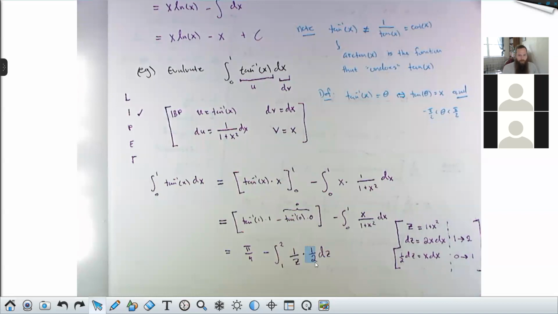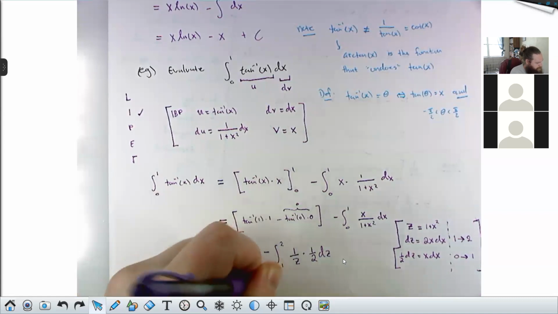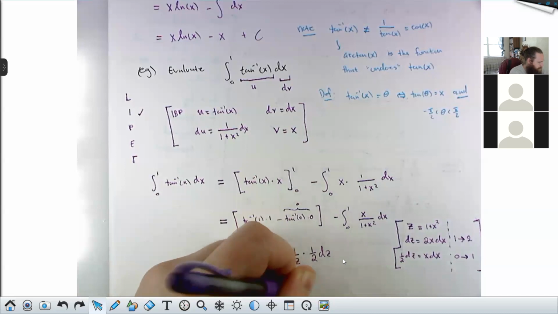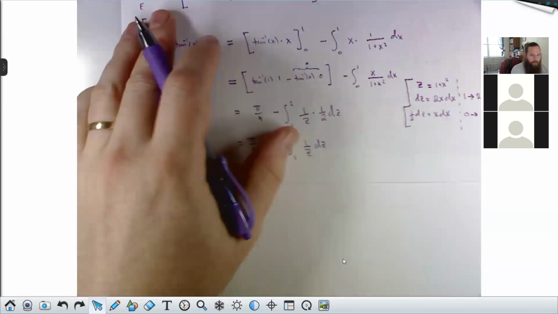We can pop the 1/2 out of the integral, and then we're just left with the integral from 1 to 2 of 1 over z dz. And that's done just using the regular fundamental theorem of calculus.